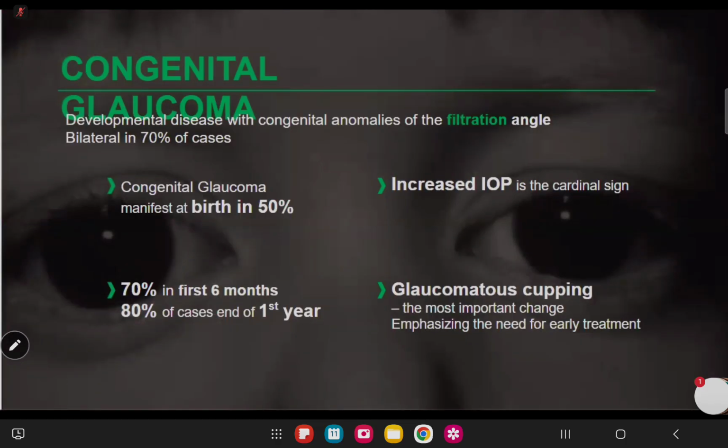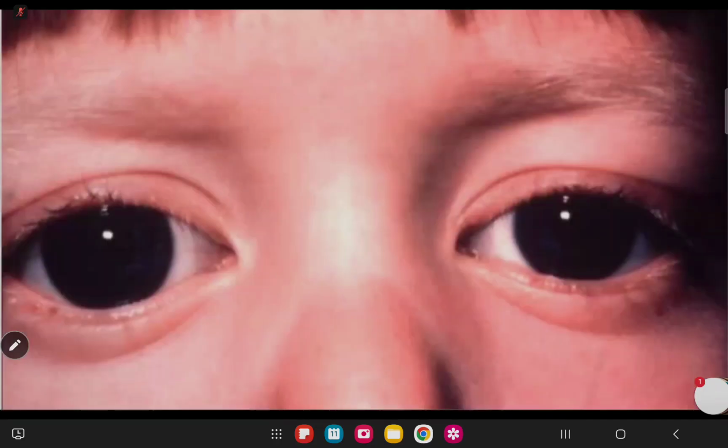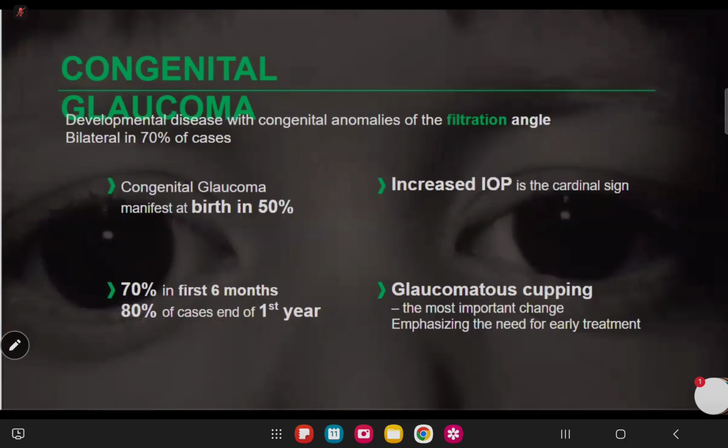Next would be your congenital glaucoma. So remember the patient having the large eyes, the ophthalmos, is the most common presentation of your glaucoma patients, no? It is manifested at birth in 50%, 70% in the first 6 months, and 80% of cases by the end of the first year.